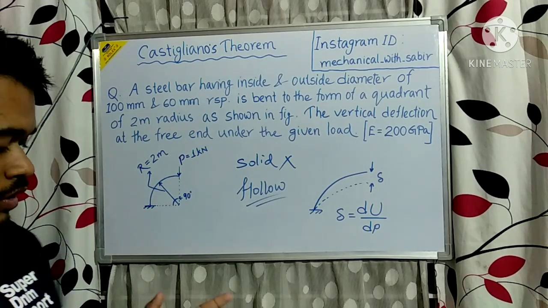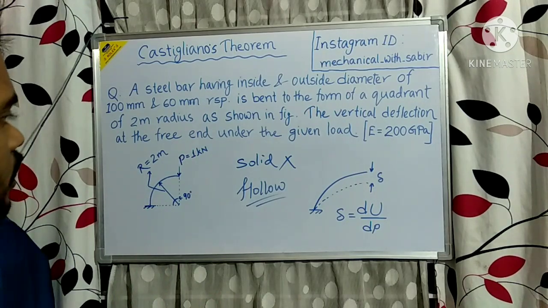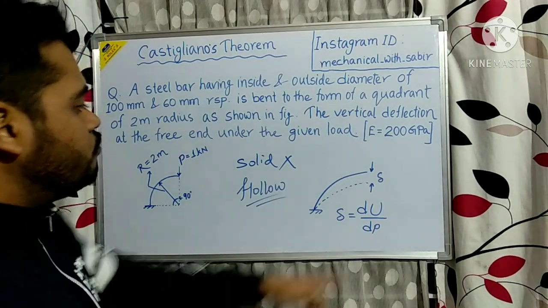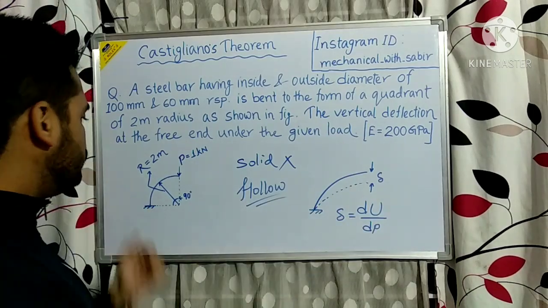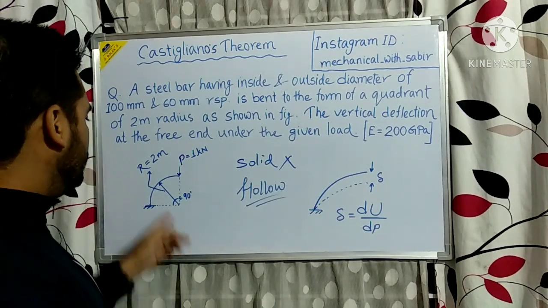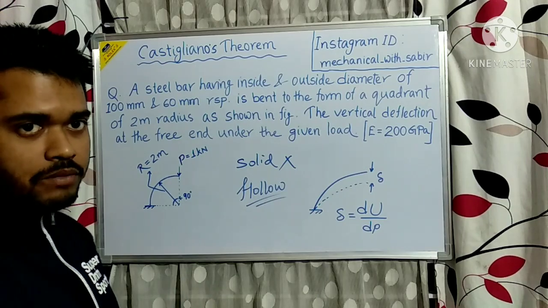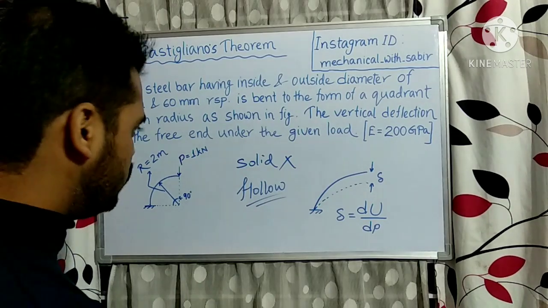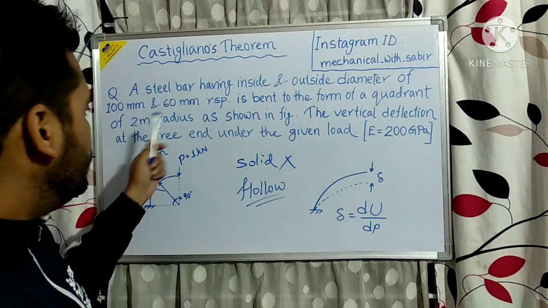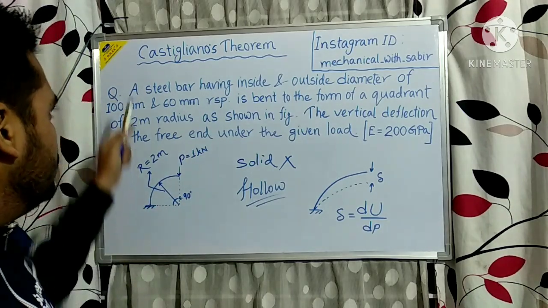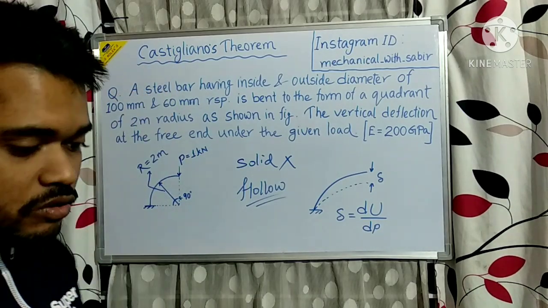Now the important thing is that to find strain energy in this situation, you will not have much time in a competitive examination. I already solved lots of problems based on Castigliano's theorem.